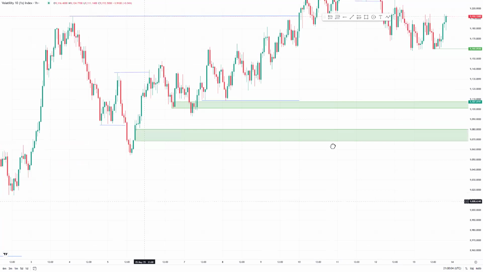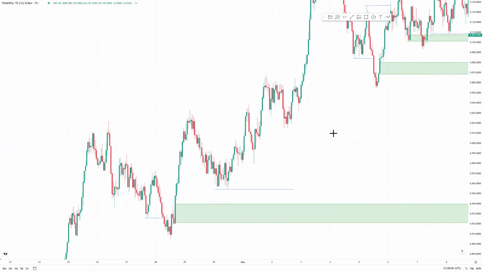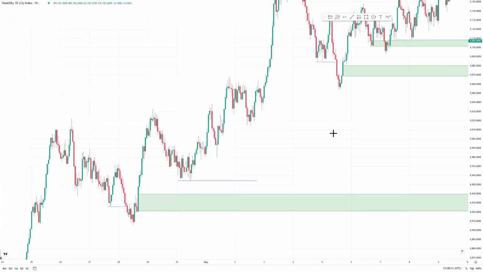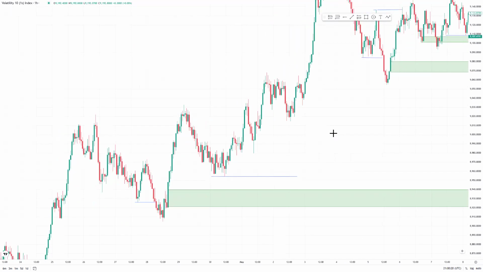So along the line again, I still mark another zone. In the market, mostly on derivative pairs, in synthetics, you have multiple zones. You just have to know what you are doing when marking them out.